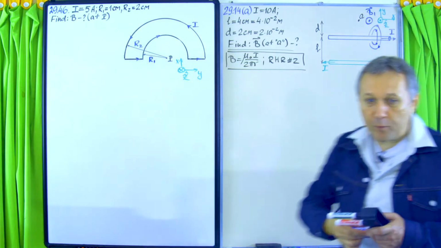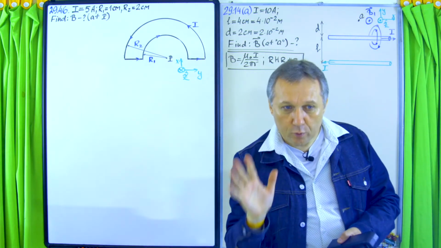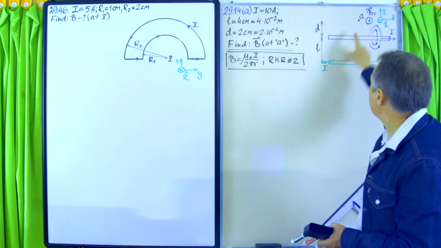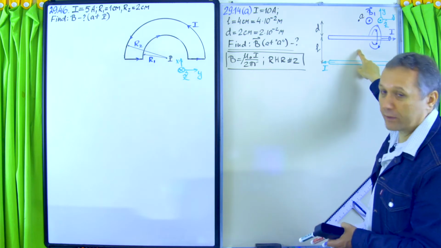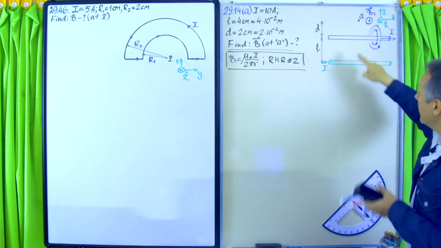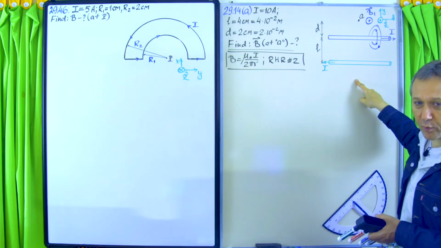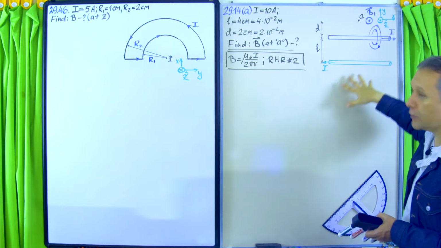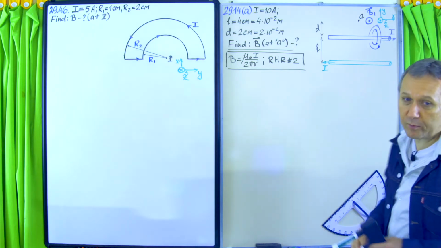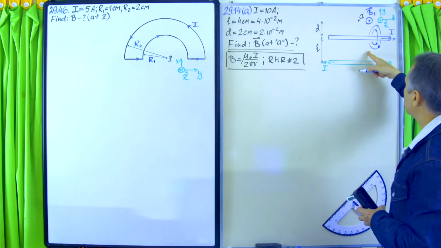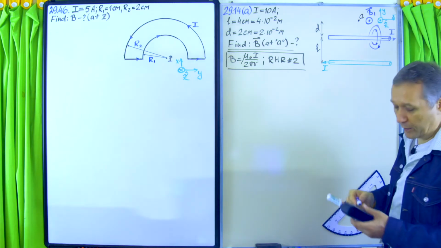Then, for your homework, you're going to have parts B and C. In part B, you will have to find the net magnetic field between the wires. In part C, you will have to find the net magnetic field below this green wire. So you will need the magnetic field direction below this one. Let me draw. Over here, between the wires, what will be the direction of the blue magnetic field?